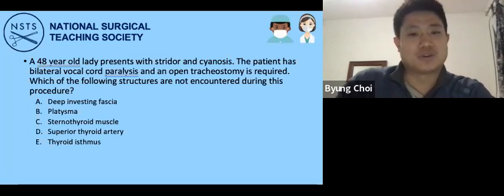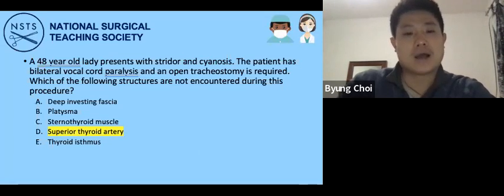The answer to this one is it would be D, the superior thyroid artery. Okay, now obviously in tracheostomy it will be in the midline. Okay, the layers that you go through, so it's the skin, you've got cutaneous tissue, the platysma, and then the deep investing layer.